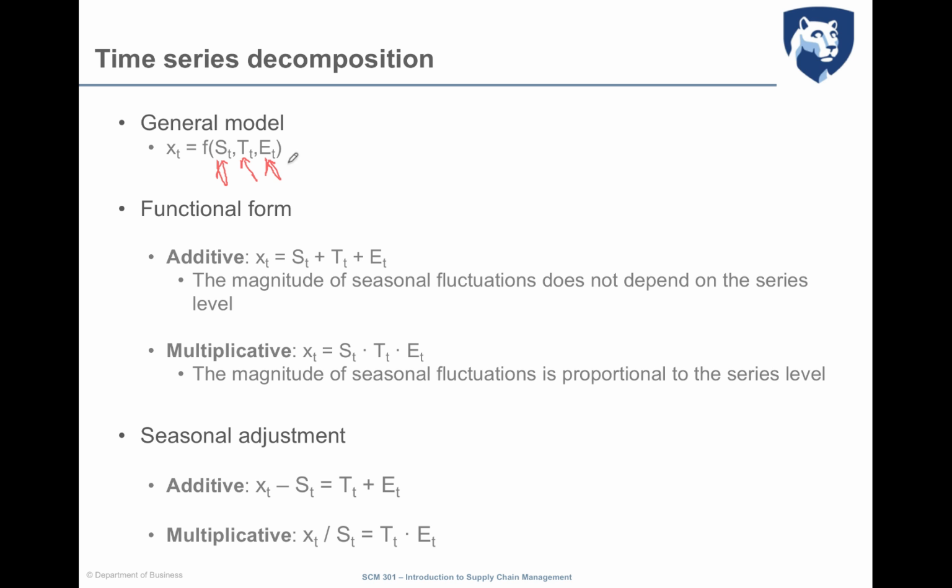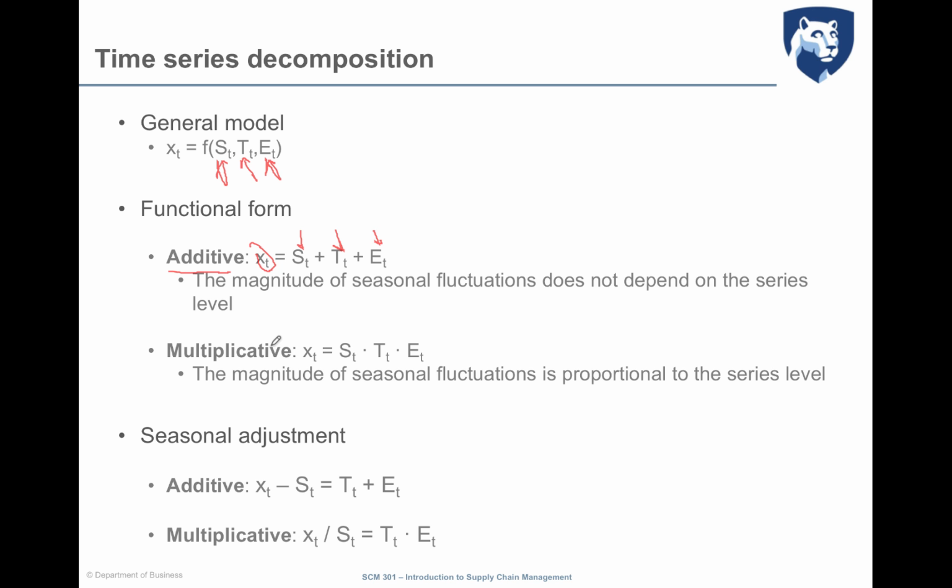Which are the most diffuse relationships between these components? We have what we call the additive model, which is that the demand is simply the sum of these three components. So there is a part related to the seasonality, a part related to the trend, and a part related to the error.